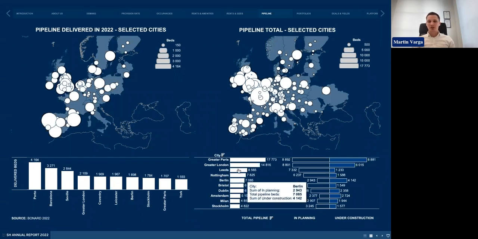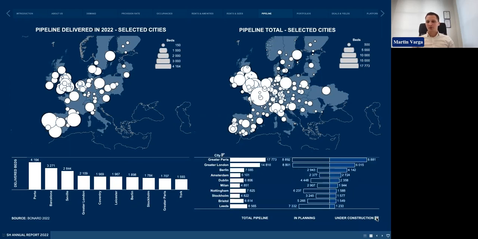If we take a closer look at the cities, Greater Paris is leading, followed by Greater London in the total figures, which is also the case in terms of under construction. So under construction, Greater Paris and Greater London are at the top two places in the ranking, followed by Berlin and Amsterdam.